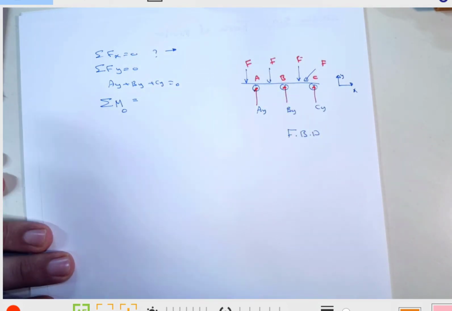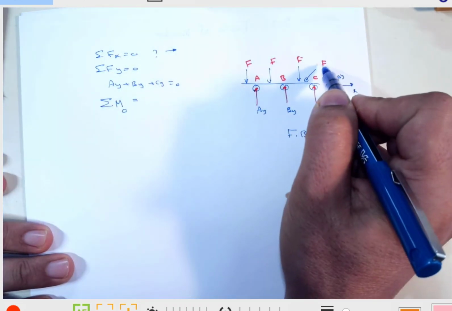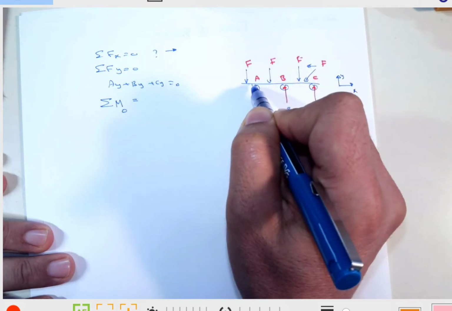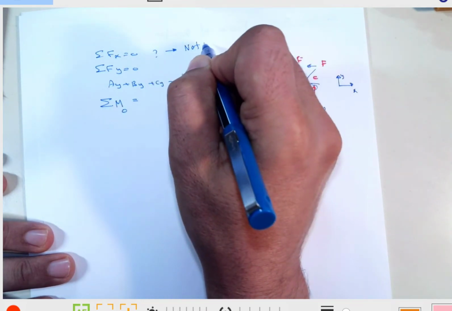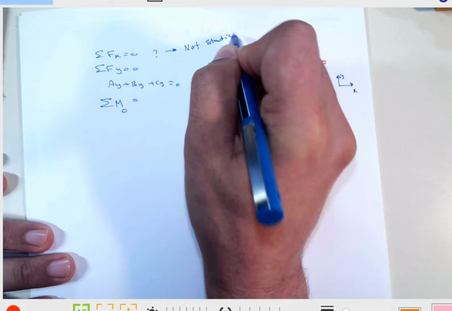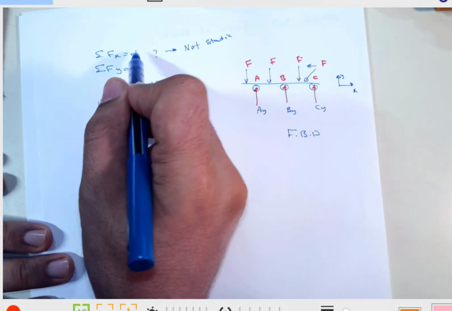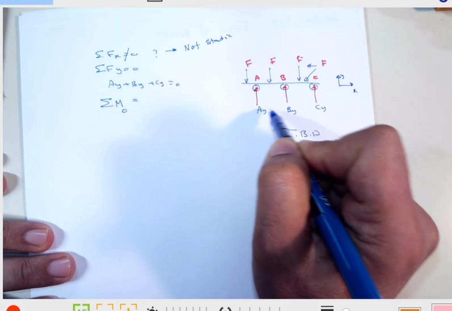Now, one thing about this problem is that it is not even under equilibrium, simply because when you apply the forces in x, this force has a component, and there's no reaction force to stop it from moving. So, it is not a static problem, simply because this cannot be 0. This cannot be 0 because there's no reaction force from here that opposes that.